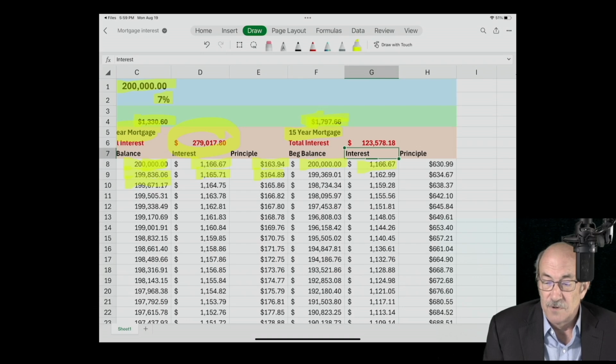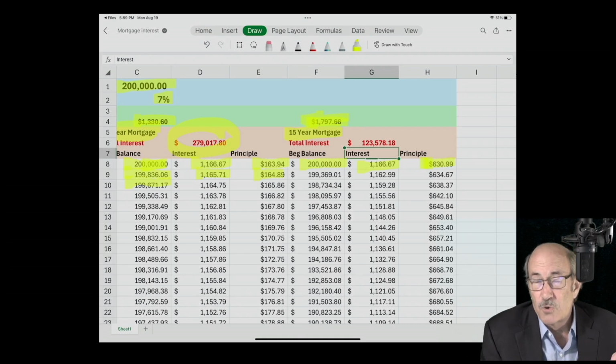That interest, of course, at least initially, is identical to the 30-year in the first month. The second and third months, it all changes, but the first month, it's the same. And when we subtract that from our payment of $1,797, we actually end up with almost $631 going towards reducing the principal, the outstanding balance.